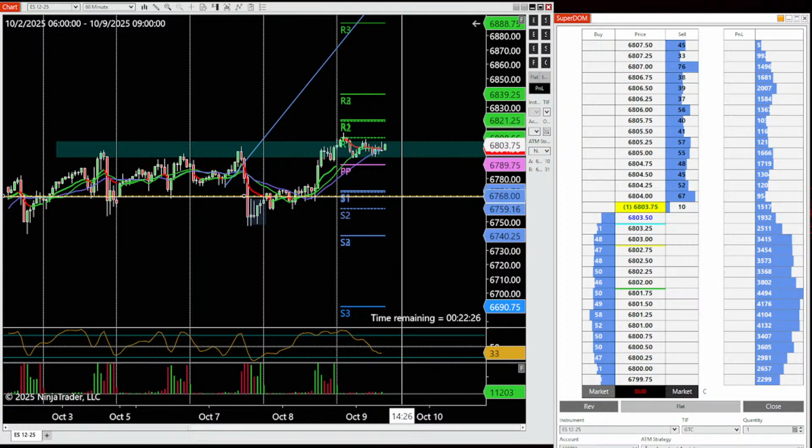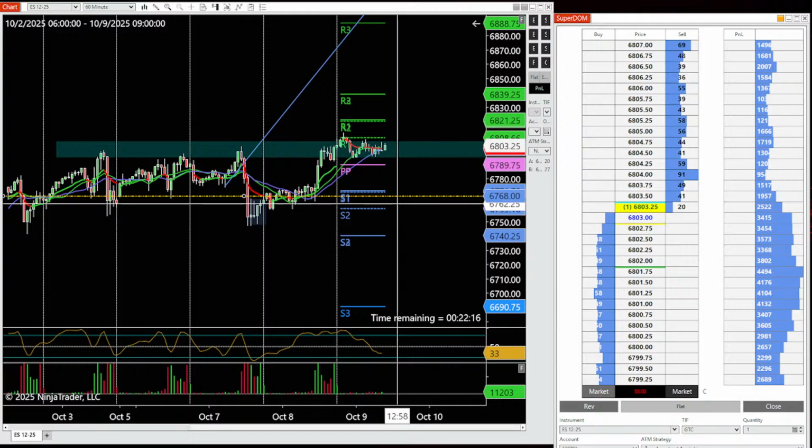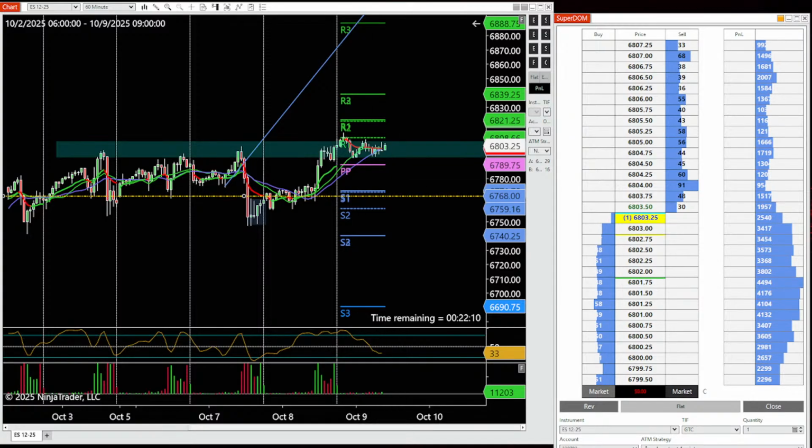This yellow line right here is the weekly low. And that's the weekly open right there.